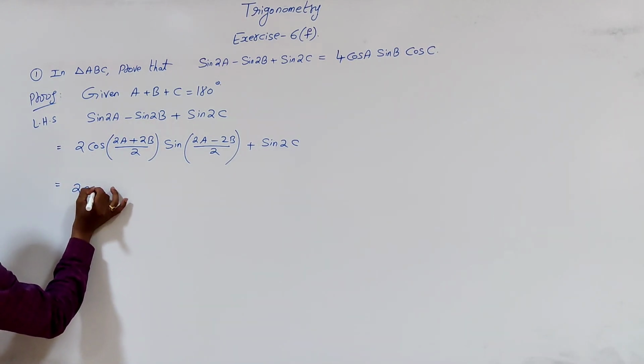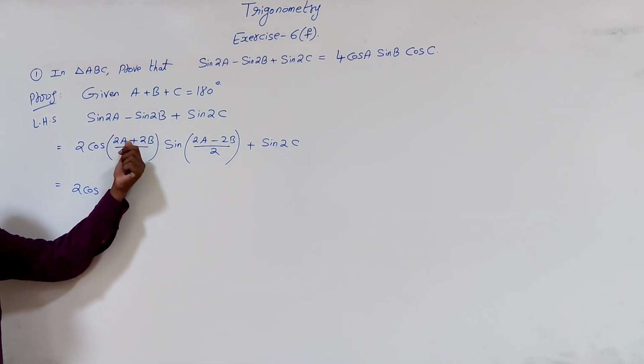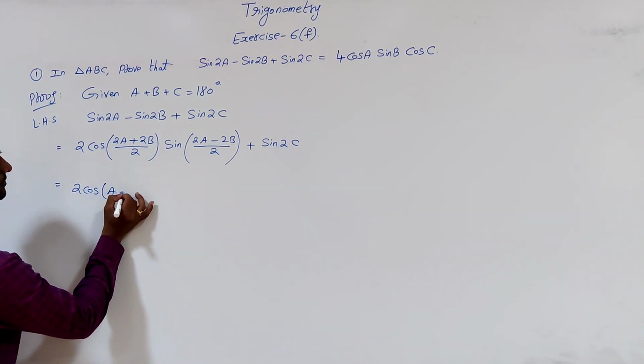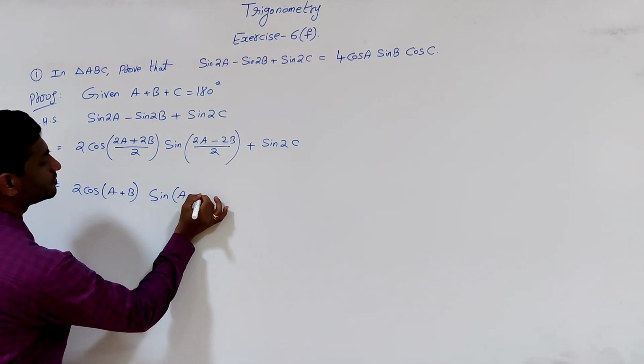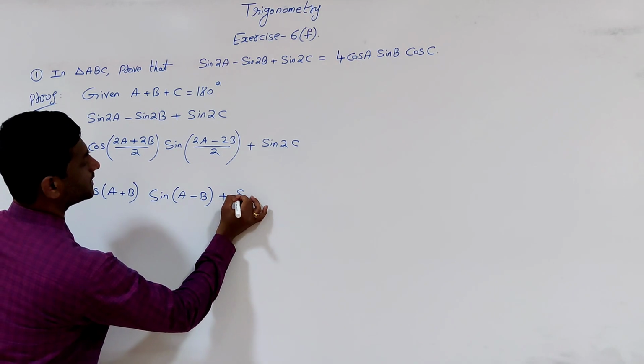So in 2 cos(2A plus 2B), 2 is common, so if we cancel 2, you will get A plus B, into sin(A minus B) plus sin 2C.